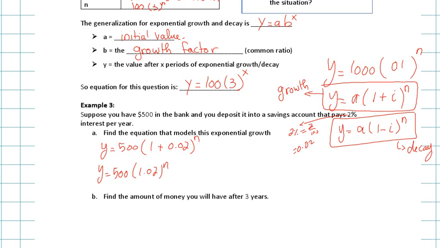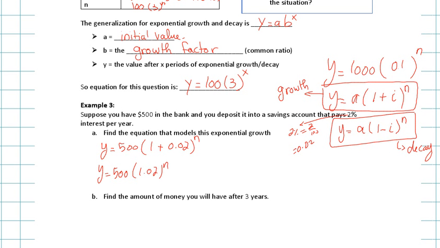That's what you're starting with at time 0. So that's your y-intercept. Before you put the money in the bank, you have $500. So that's your initial amount. If I add 1 plus 0.02, I get 1.02.